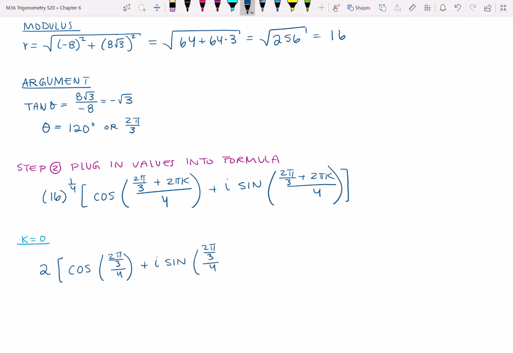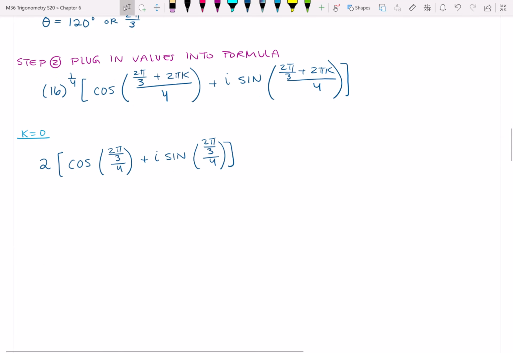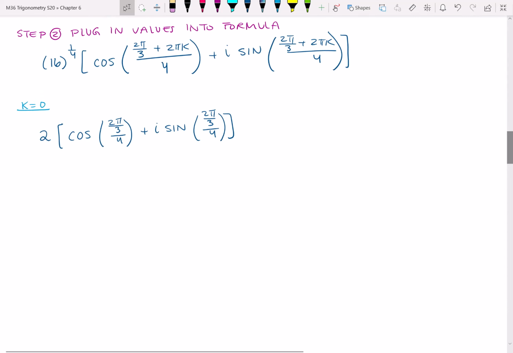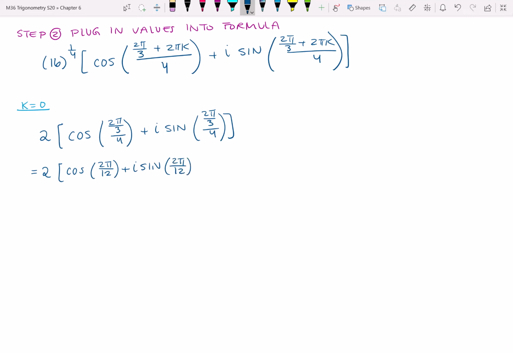So I'm going to simplify that. I get 2 times cosine of 2 pi over 12 plus I sine of 2 pi over 12, which is the same thing as pi over 6.